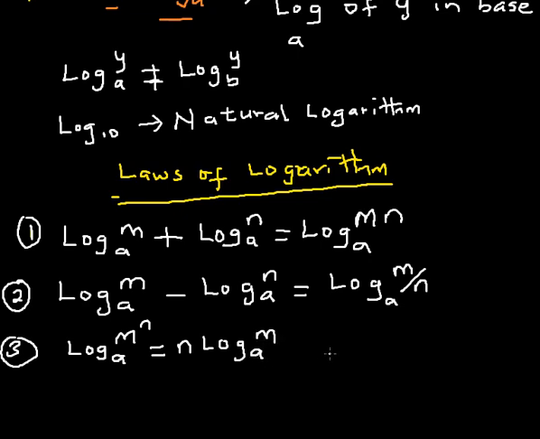So invariably now, for example, if I have something like log 8 in base 2, you know very well that 8 is 2 raised to power 3, in base 2. So this will yield 3 log 2 in base 2. Okay, that's power.